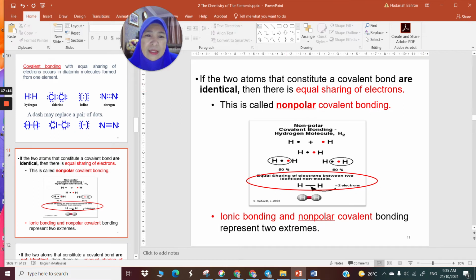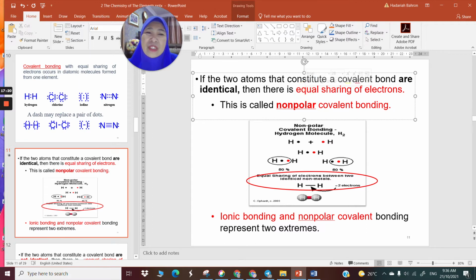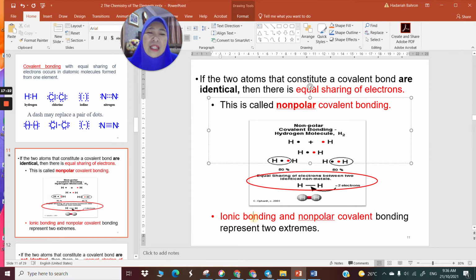If the two atoms that constitute a covalent bond are identical, then there is equal sharing of electrons. It's called nonpolar. Ionic bonding and nonpolar covalent bonding represent the two extremes. When you have ionic bonding, the electron is completely transferred. When you have nonpolar covalent bonding, the bonding electrons are shared equally.